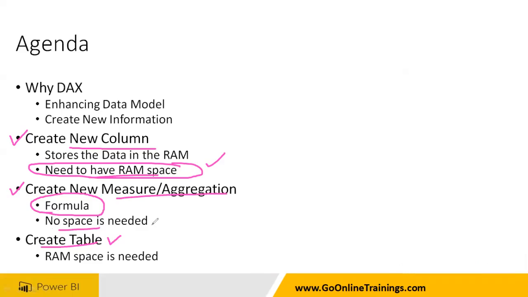No space is needed. But remember, when you create a new measure or new calculation, it is going to be performance wise slow. So that is one disadvantage here, right? When you create anything in the Power Pivot and try to use it, definitely you will have a lot of performance issues.